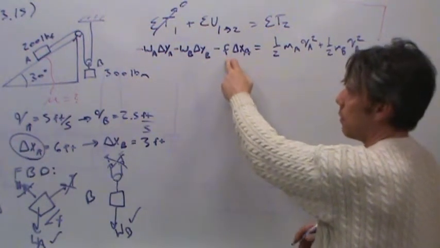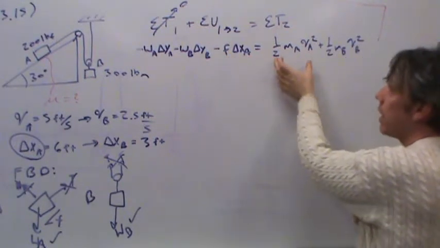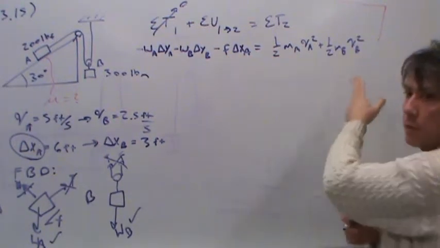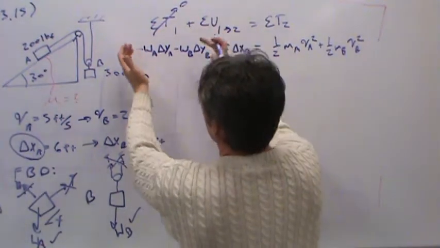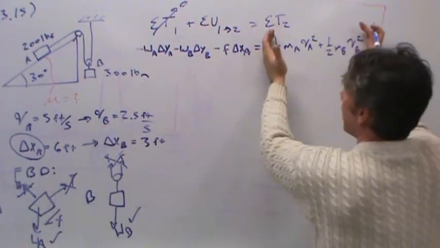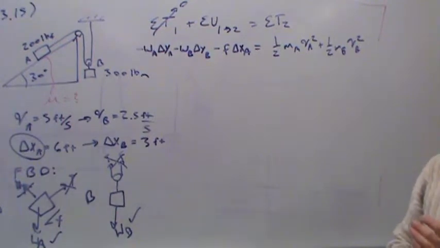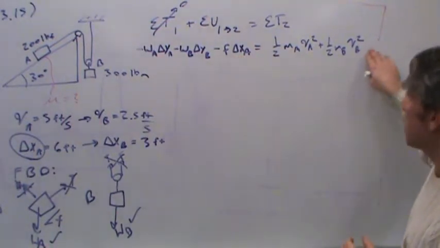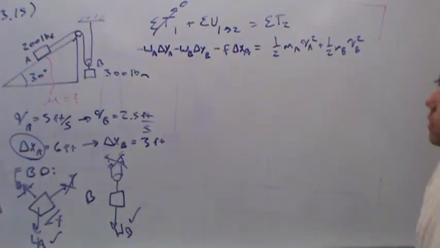F multiplied by it should give us something negative, something that is taking away from the kinetic energy that there could be. Does that make sense? In other words, another way of looking at this, the work done by gravity has to supply the kinetic energy and overcome friction. You could really move this to the right-hand side of the equation if you wanted to. It would make a lot of sense.